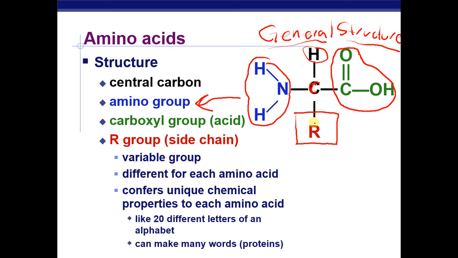So if that R group were, for example, hydrophobic, this amino acid would be a hydrophobic amino acid. Or if that R group was acidic, then this would be an acidic amino acid. So that R group is very important in determining the properties of each amino acid.